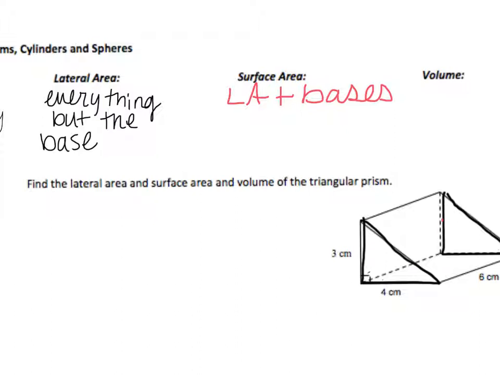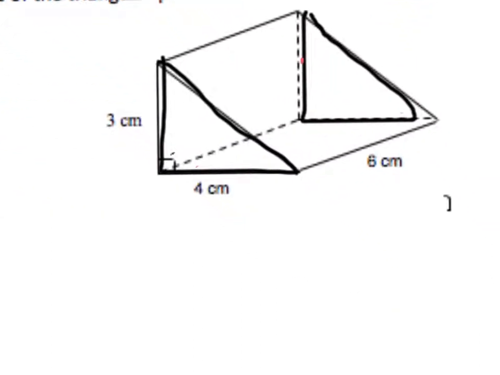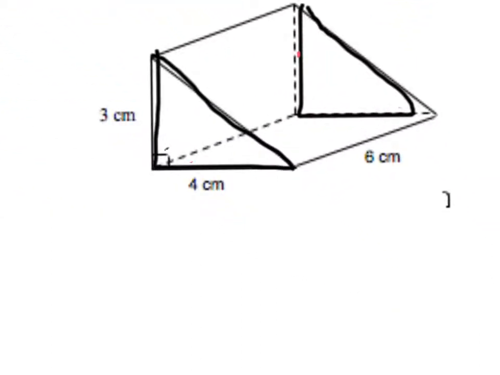Okay, so let's go ahead and take a look at this example right now. Let's go ahead and find the lateral area first. So like I said, lateral area is everything but the bases. So we've got three rectangles. So just think to yourself right now and see if you can figure out the dimensions of the rectangles.